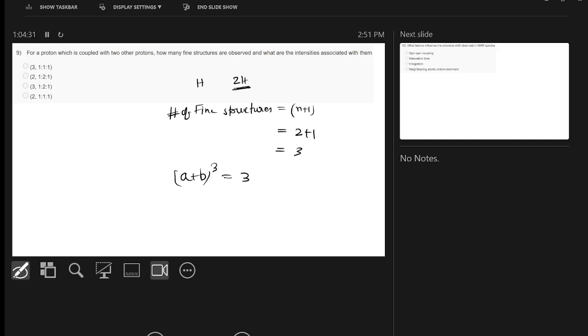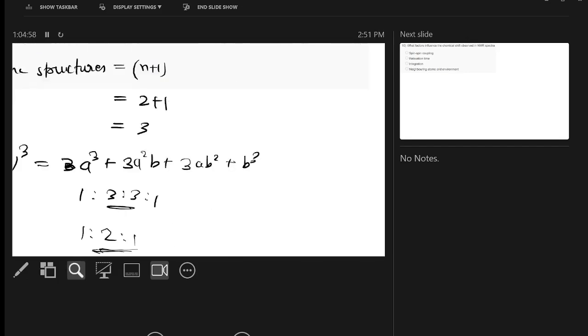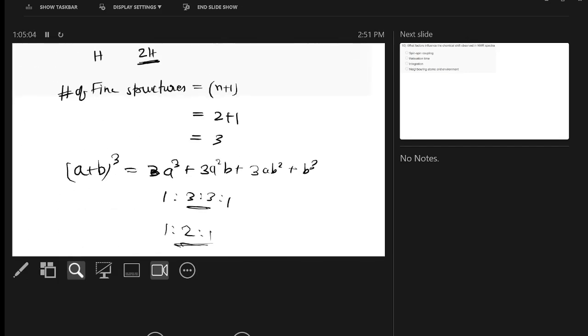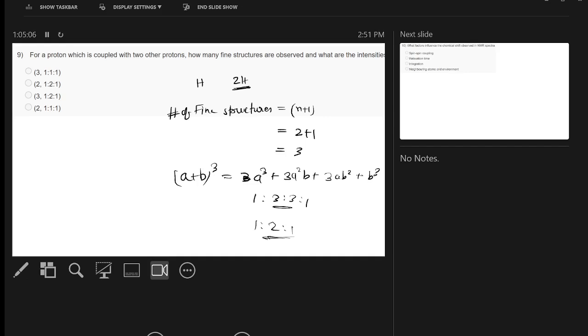So here a cube plus 3 a square b plus 3 a b square plus b cube. So what are the coefficients? 1 3 3 1. These two are similar, so we can write 1 to 2 to 1. The number is 3, and the intensity will be 1 is to 2 is to 1. This one is the correct option.